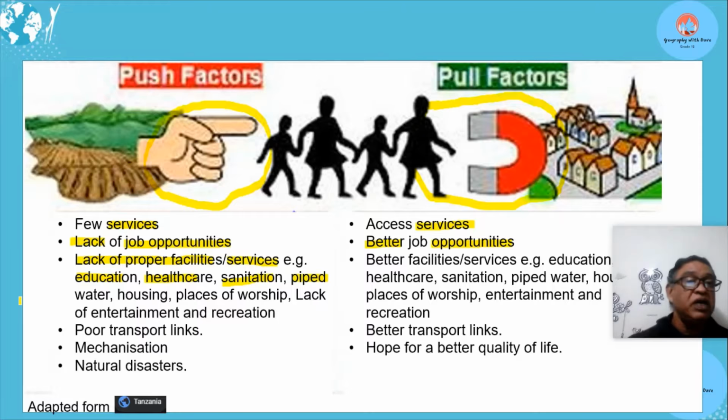Remember, there's water available everywhere, but piped water through your taps, etc., there are limitations. Housing, places of worship, where people take that significantly or consider important is limited, even things like that.